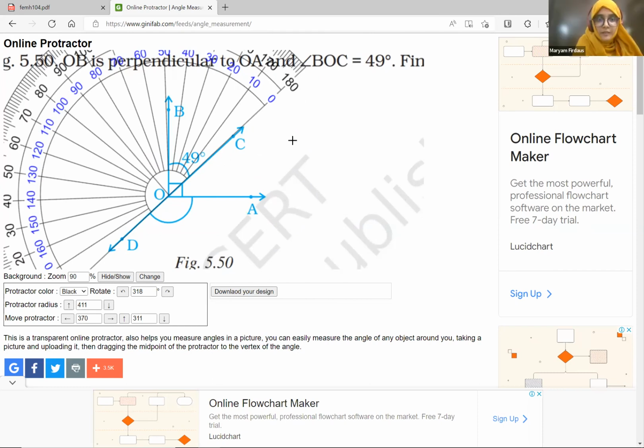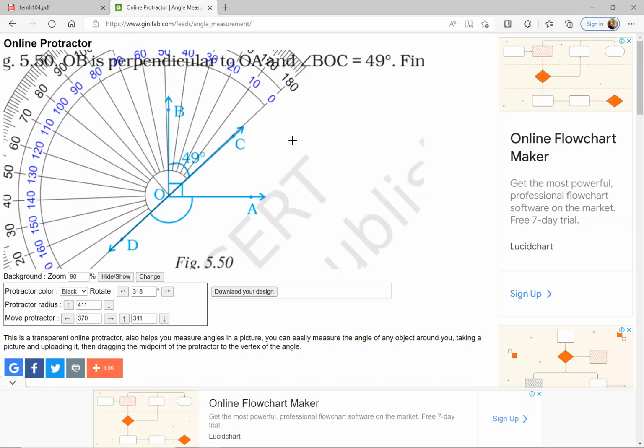Can you see where OB is going? It is between 50 and 40. It's very, very close to 50, but it's 49. Yes, so it's 49. Did you understand now? Yeah.